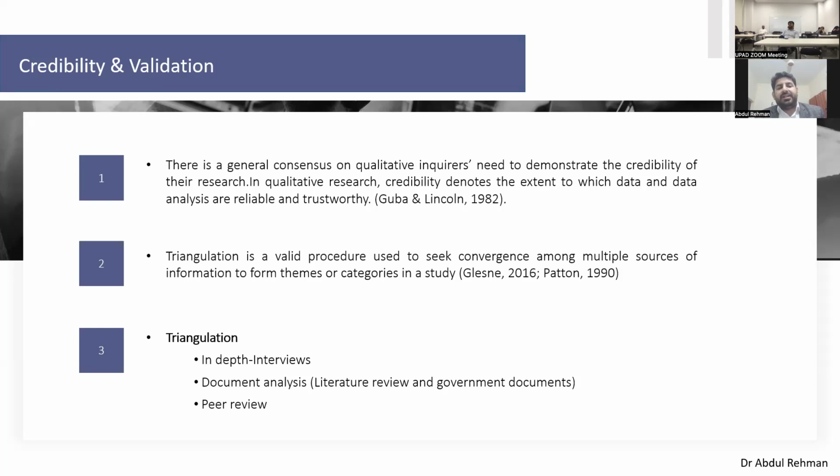So, credibility and validation. Very natural and obvious. Credibility: there is a general consensus that qualitative research is credible. Why? Because we get the information from the right persons who are experts in that field. So he is the most credible person because we have selected the participant through purposive sampling.